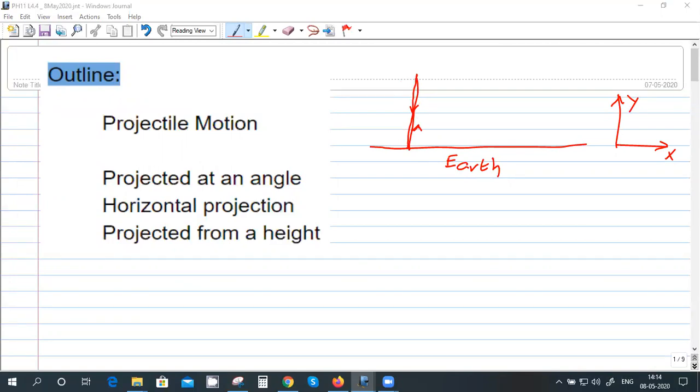Okay. Now instead of throwing vertically up, I'll project it with an angle. The initial velocity is u, and it's making an angle theta with the Earth's surface. Now this thing will move something like this.